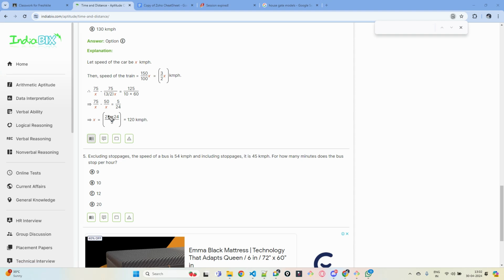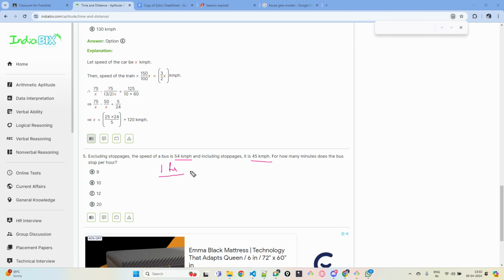Okay, so for 1 hour, they are asking what is the time spent in stopping. Okay, so for 1 hour, how many kilometers less is it traveling? For 1 hour without stopping, it is traveling 54 kilometers, right? With stopping, it is traveling 45 kilometers.